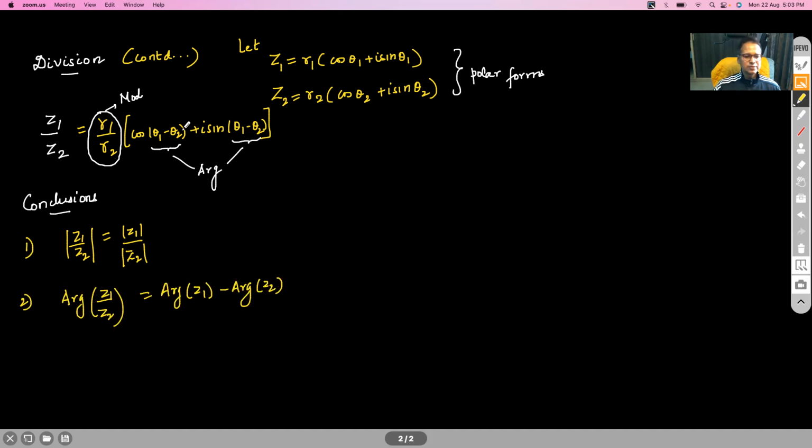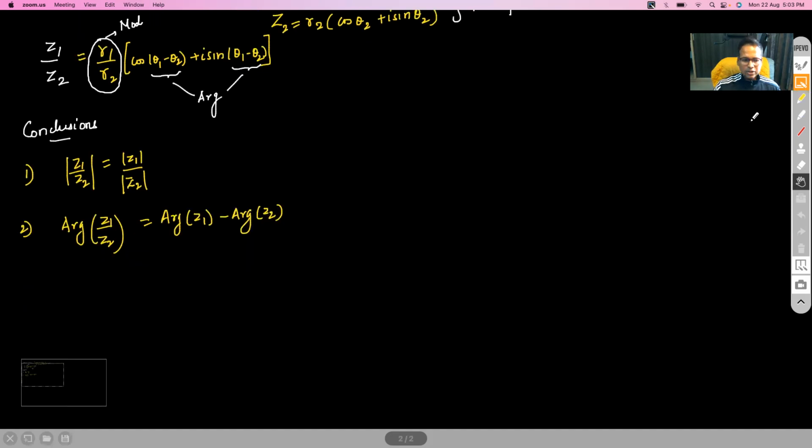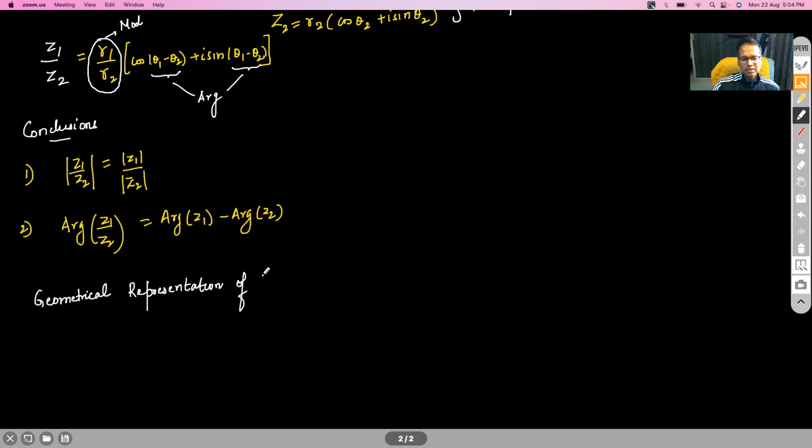Any concerns? Now, talking about the geometrical representation of Z1 by Z2. So where is Z1 divided by Z2 lying on the Argand plane? Okay. So keeping this in mind, let us say this is my Argand plane.